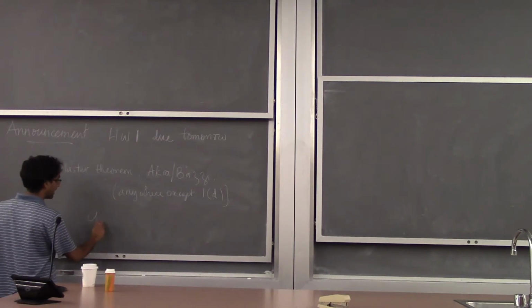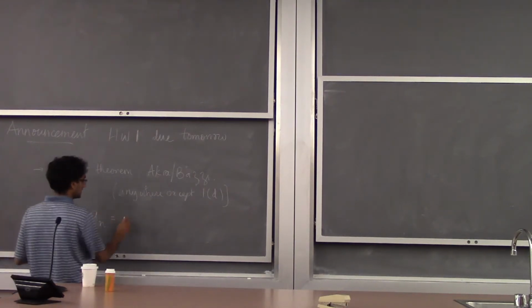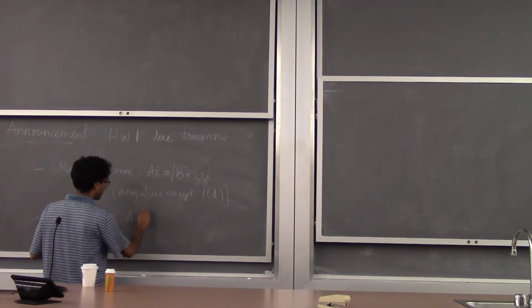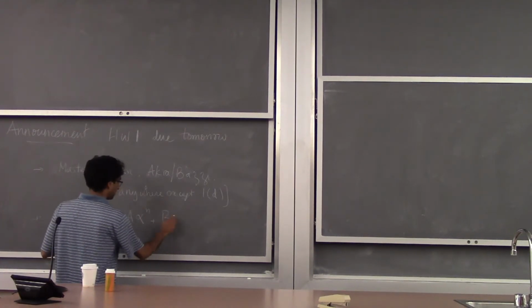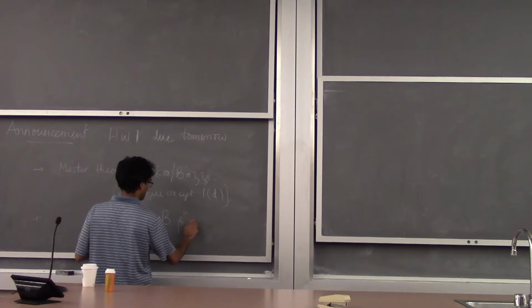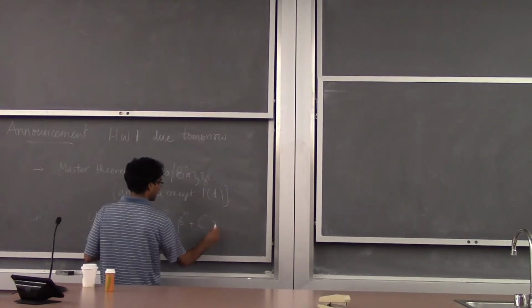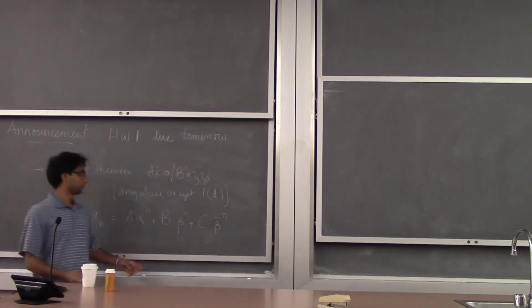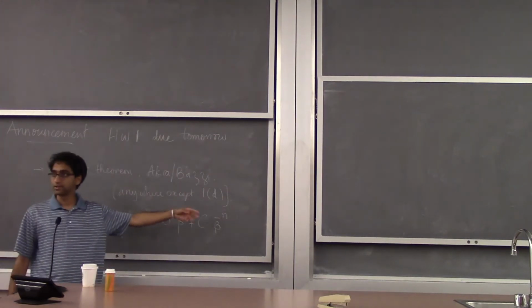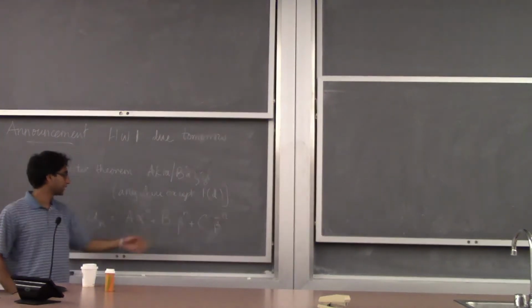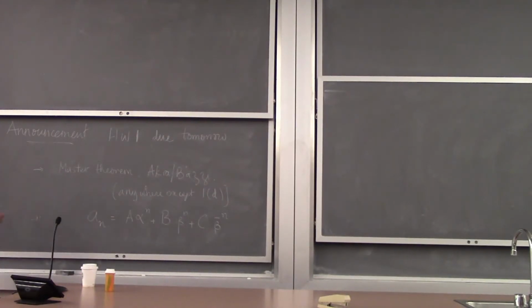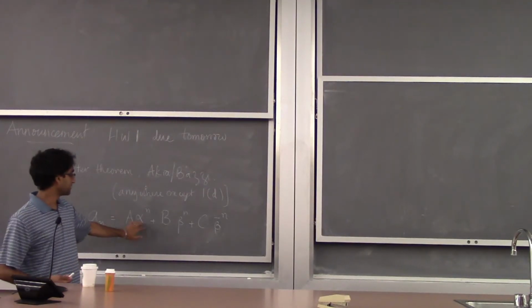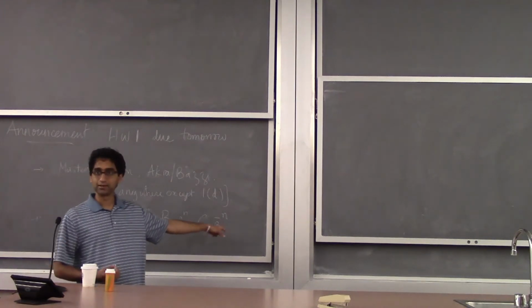is of the form a_n equals some capital A times alpha to the n plus B times beta to the n plus C times beta conjugate to the n. Then first you've got to see if alpha is bigger in magnitude than beta and beta conjugate.